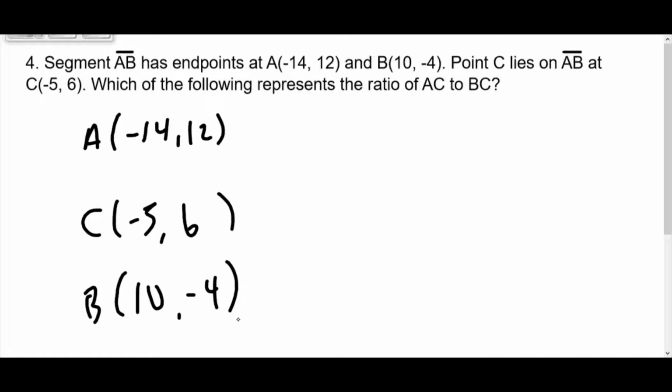From A to C, the change in x goes from -14 to -5, so we're adding 9. And from C to B, we're going from -5 to 10, adding 15.